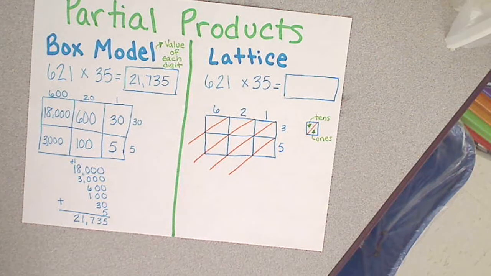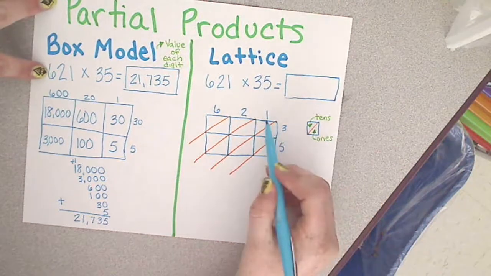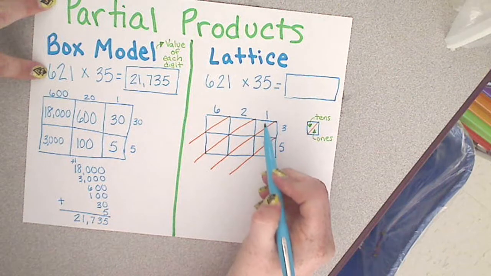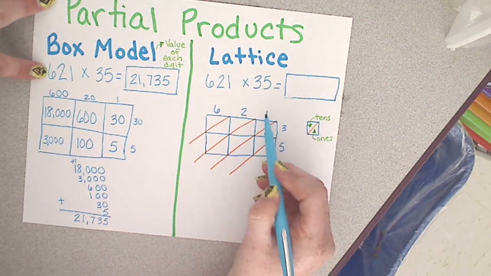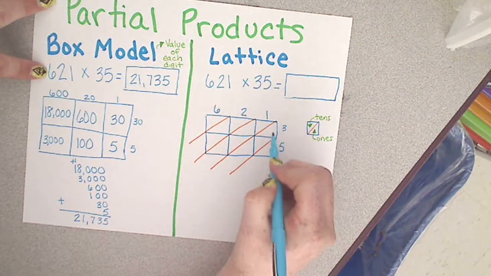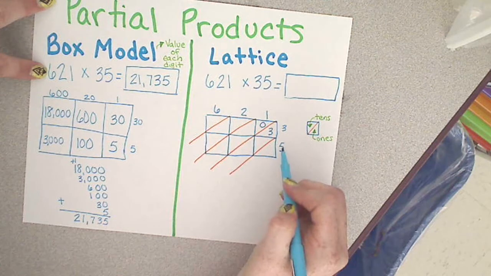Now let's get to multiplying. So the multiplication is going to be the same basic thing as we did with box model. So we're going to multiply the number in the column by the number in the row where it matches. So 1 times 3 is 3. 3 ones, no tens. 1 times 5 is 5.